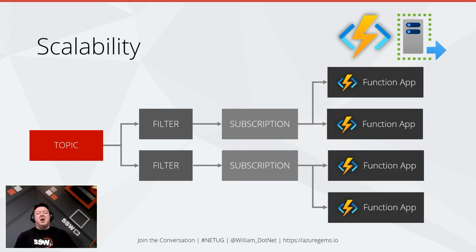But this is where you can say that this application only wants to listen to the blog content updated message or the render markdown uploaded message. You can write all sorts of filters so that your applications only receive messages that they understand or are interested in. If there are 10 types of messages and it only needs 2, you can write a filter to make that happen. It's nice and simple, and in terms of a DevOps story, it's fairly straightforward to set this up and provision it out to your environments.